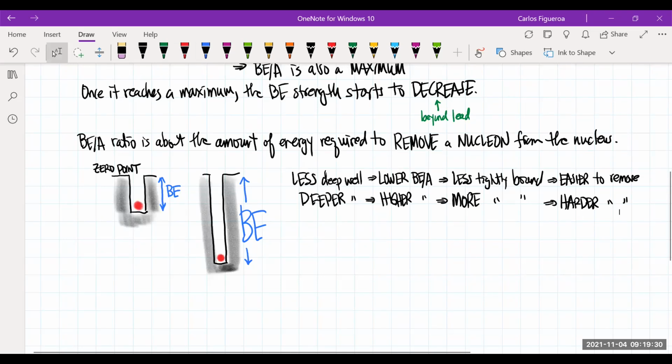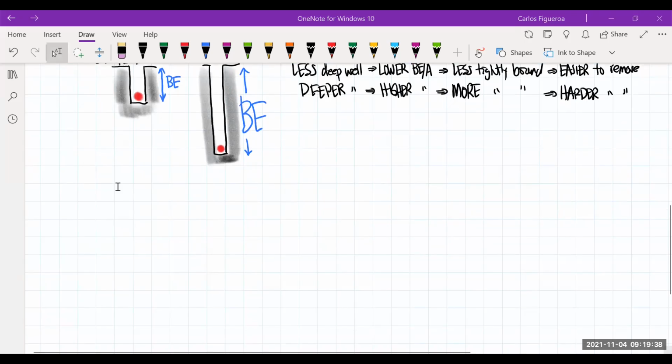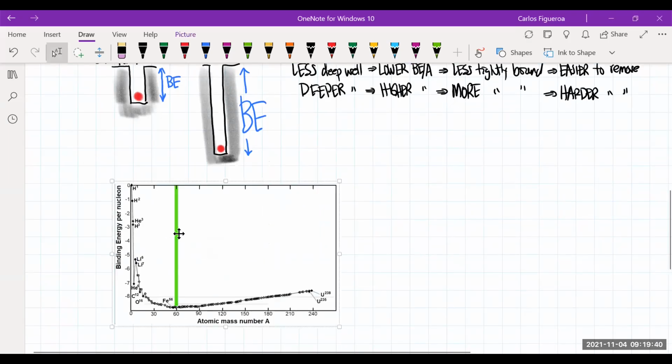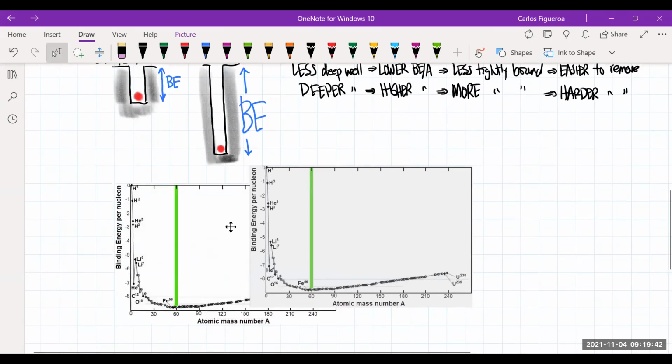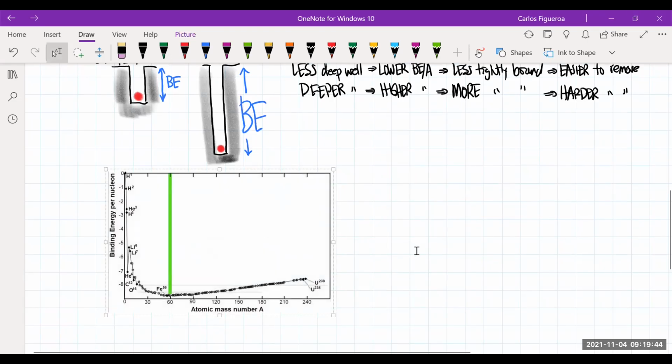And check this out. This is our binding energy per nucleon curve. This is it. And believe it or not, these are the wells. This is why I say this is like one of the most important.